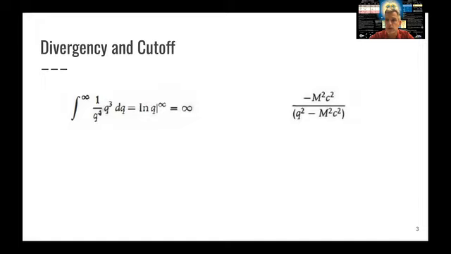The solution is to introduce a cutoff. So what happens now if we don't do the integration to infinity, but to some scale? You introduce this additional factor in the integral, and you just calculate the integral up to a cutoff scale m, and then you have an additional term which you have to in principle evaluate from m to infinity, and you find that that additional element is still infinite.